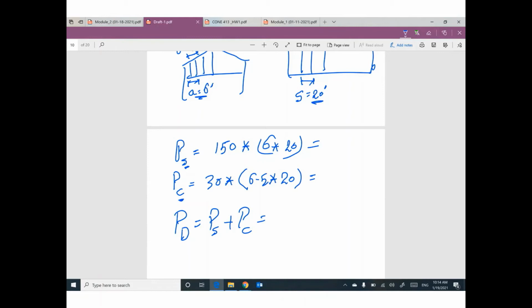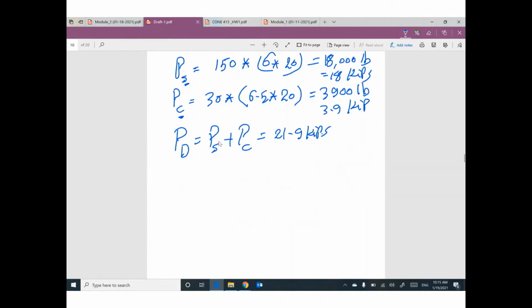150 times 6 times 20 equal 18,000 pound or 18 kips. 30 times 6.5 times 20 equal 3,900 pound or 3.9 kips. That means your final dead load will be 21.9 kips.